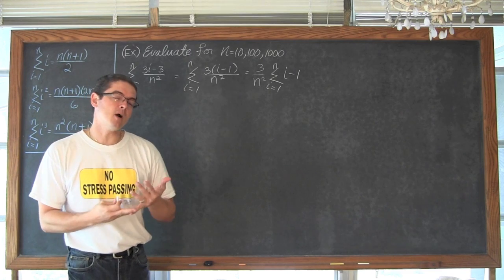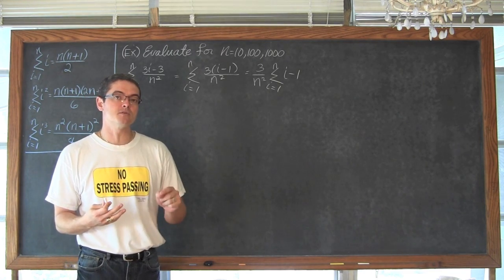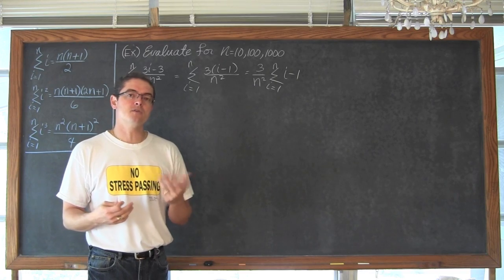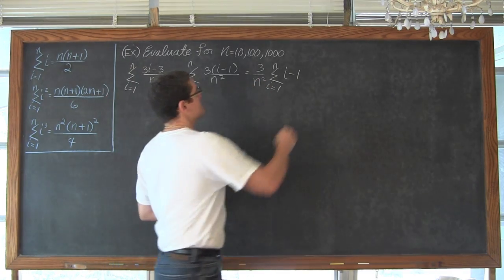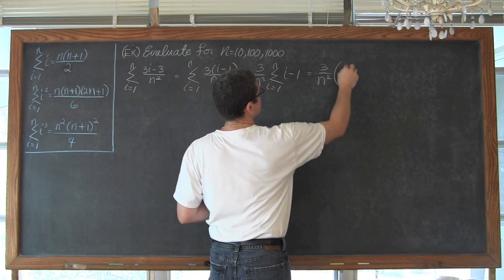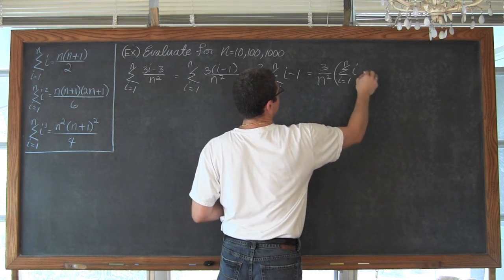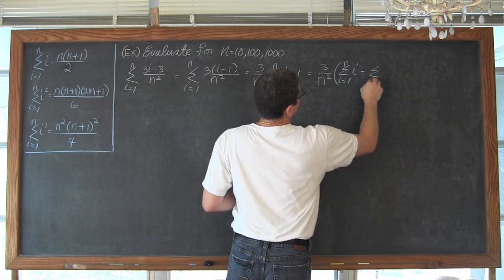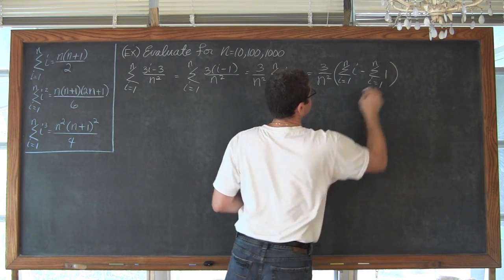So remember, the second property was that the summation of two terms being added or subtracted together can be equal to the summation of each of those individual terms added or subtracted together. So we're going to write this now as 3 over n squared times the summation as, again, i goes from 1 to n of i, minus the summation as i starts from 1 and goes to n of 1.